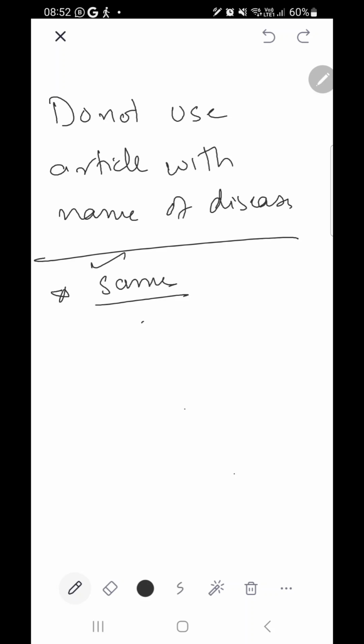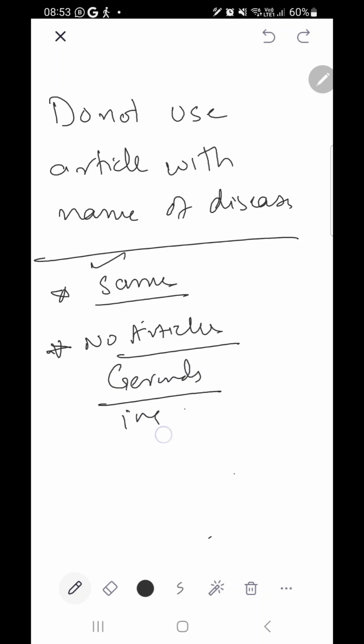With the same complaint. Okay. We should not use any article with gerunds, the ing form, we can say the fourth form of the verb. Let's say he has been advised to reduce smoking for 10 years, not the smoking, right?